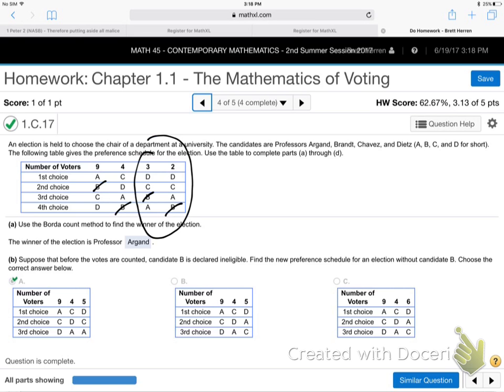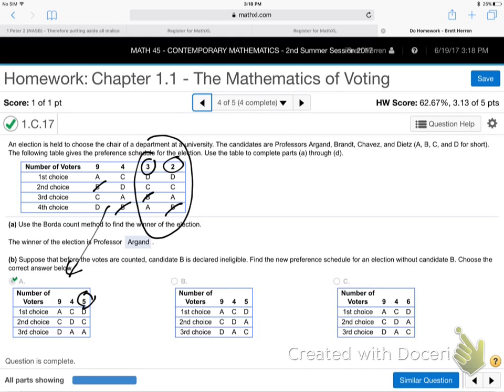If B drops out, then these 3 people and these 2 people will become 5 people who all feel DCA. Everybody see that? So that's all they're asking you to do. The 9 and the 4 is the same. They're just saying, what will be our new schedule if B drops out? Well, it'll be the schedule right here. Right?